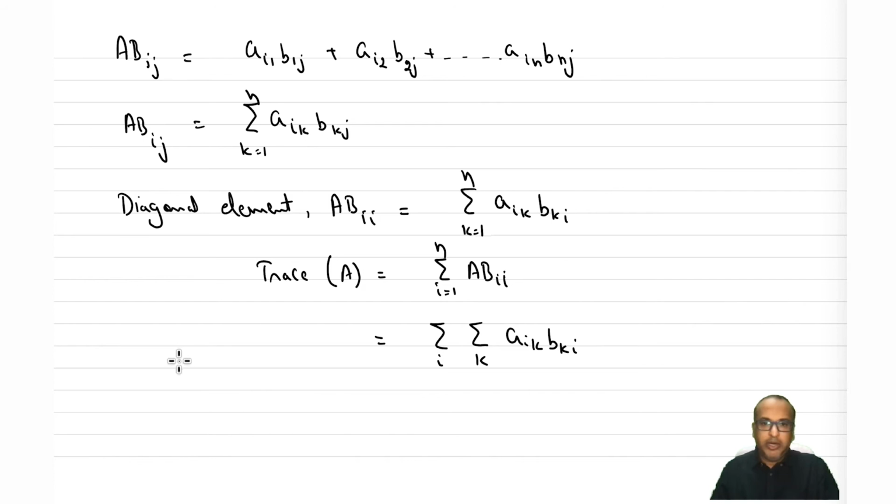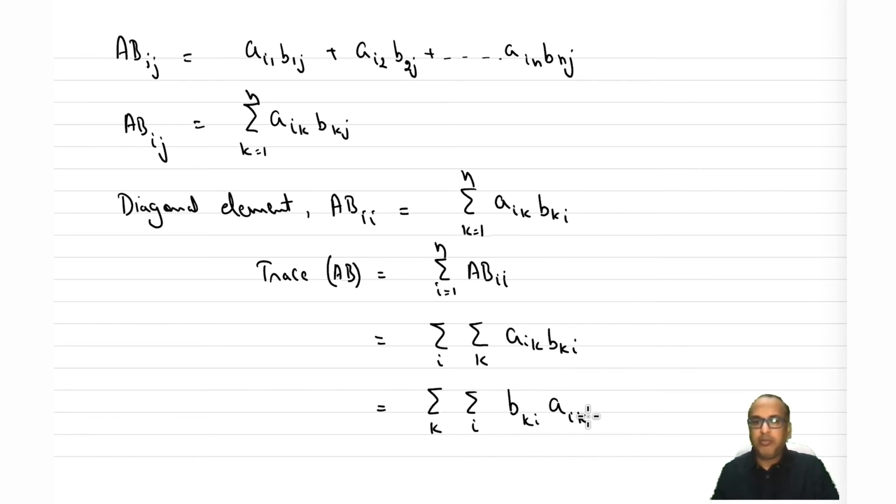Because AIK and BKI are numbers, individual numbers of the matrix, remember that these are the matrix elements. These are not matrices anymore, so I can always exchange these terms, right? So I can also invert the summation and write it as BKI and AIK.